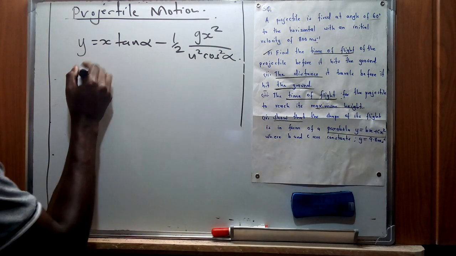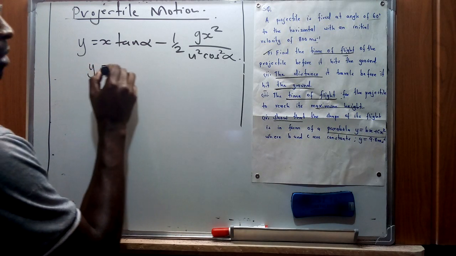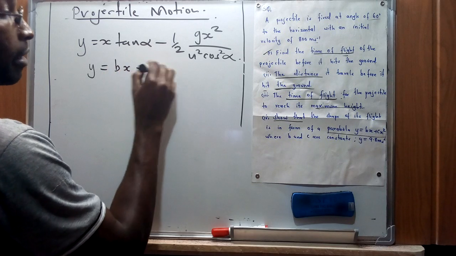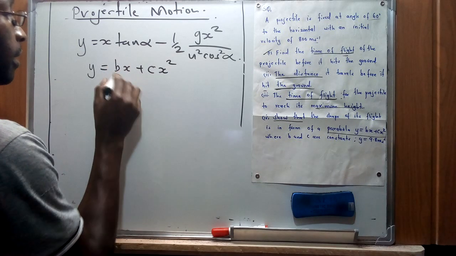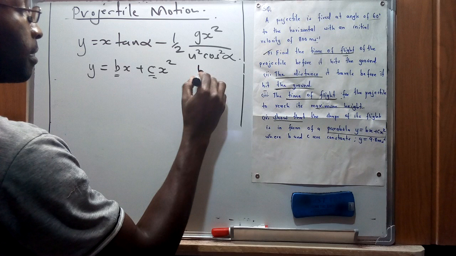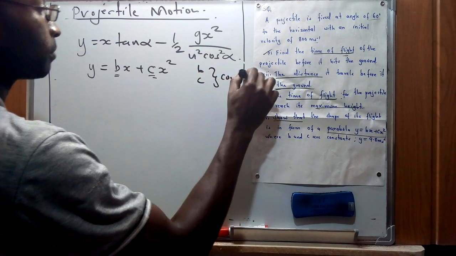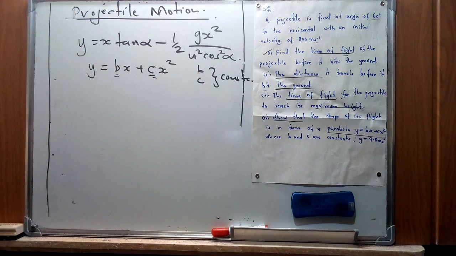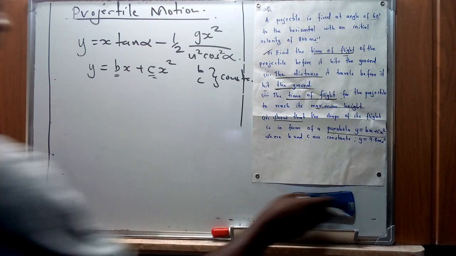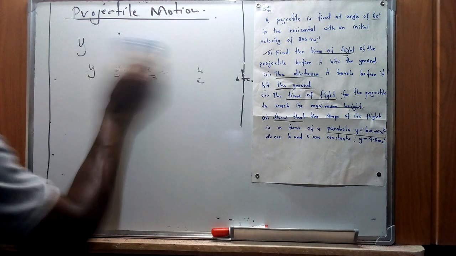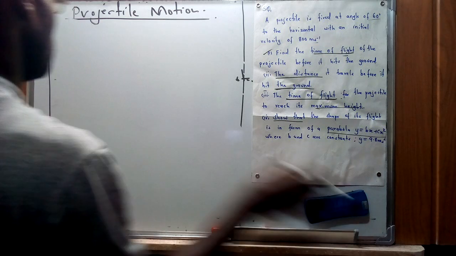Now the general formula for the function for a parabola is y equals bx plus cx squared, whereby b and c are constants. So for us to figure out how we can describe this in terms of a parabola, from a trigonometric concept, I need again to have a drawing of that so that we cannot confuse ourselves somewhere.